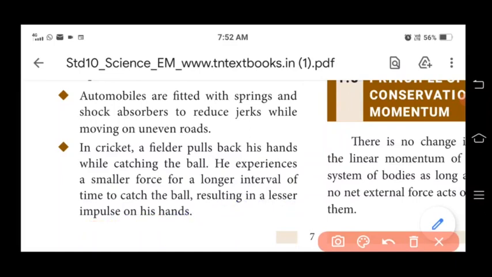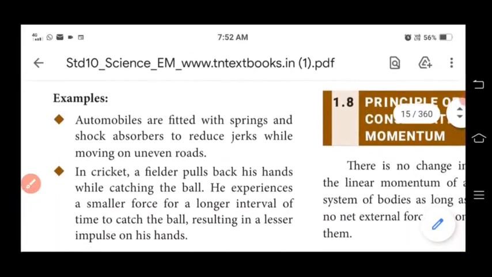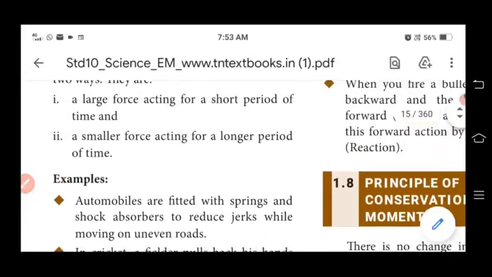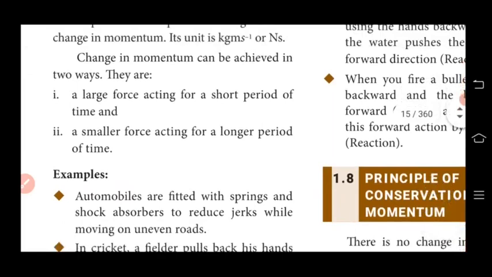This is the second example for impulse. So these two are examples for the two ways: larger force acting for a short period of time, and smaller force acting for a long period of time.